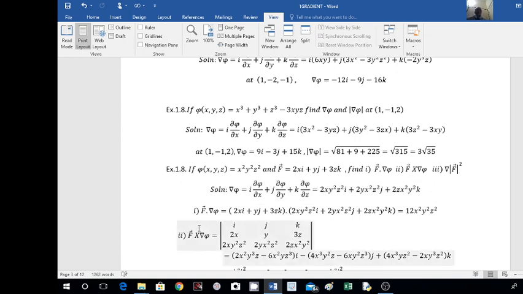Now f dot del phi. What is f here? 2x i plus y j plus 3z k dot del phi, which is 2x y squared z squared i plus 2y x squared z squared j plus 2z x squared y squared k.